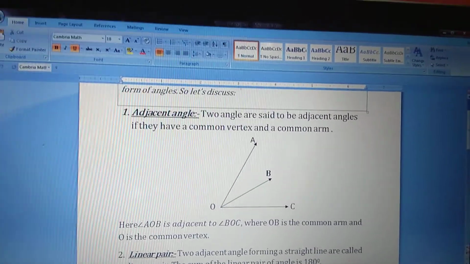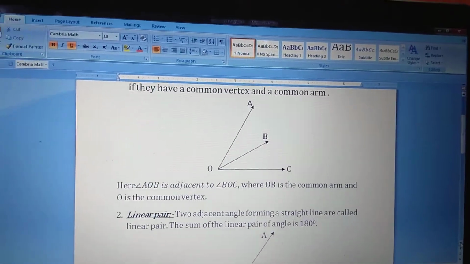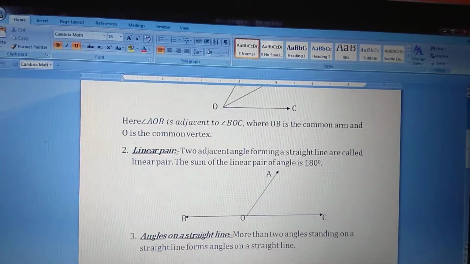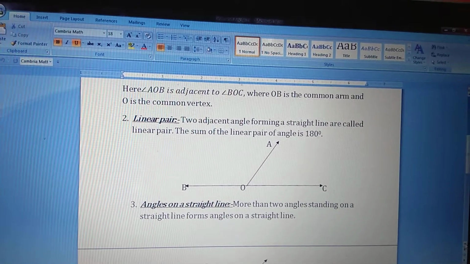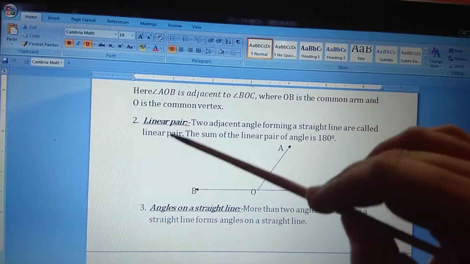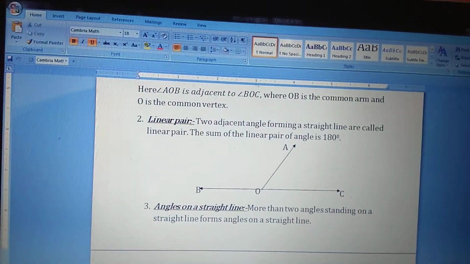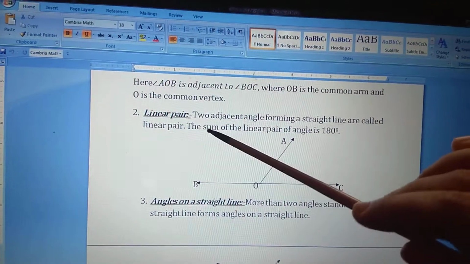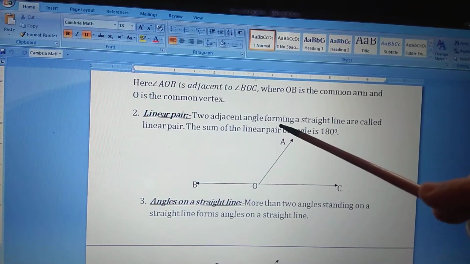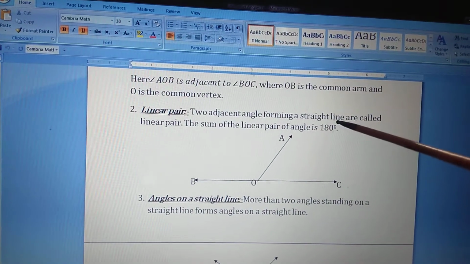Okay. Now we will go to linear pair. The word pair only tells us that there will be two. Now what is the meaning of the word linear? Linear means in a line. So a linear pair is defined as two adjacent angles forming a straight line.